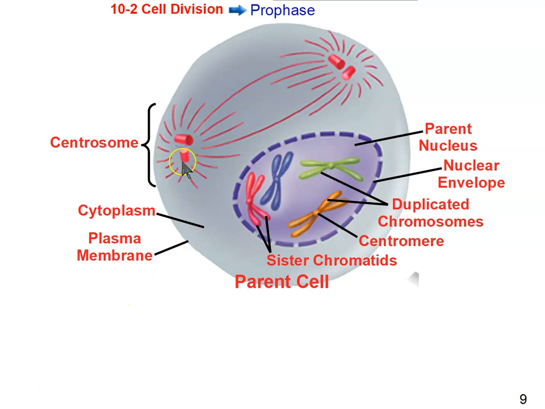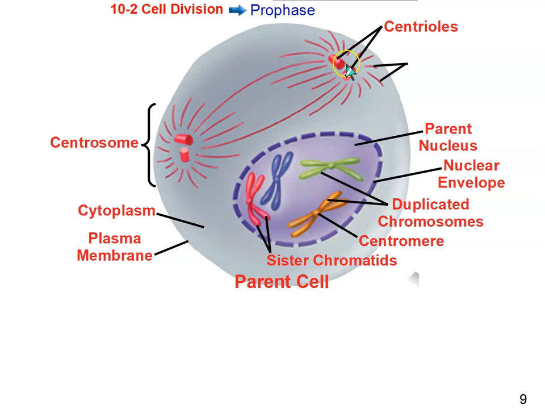This is a centrosome, and there are centrioles within the centrosome, a pair of centrioles, if you'll recall. And the centrosome is a microtubule organizing center. Back when we were studying cell structure and function, that's the function that we assign to the centrosome. And that's what it's doing here during cell division. It's organizing microtubules. These red lines here represent microtubules that are going to form the structure known as the spindle.